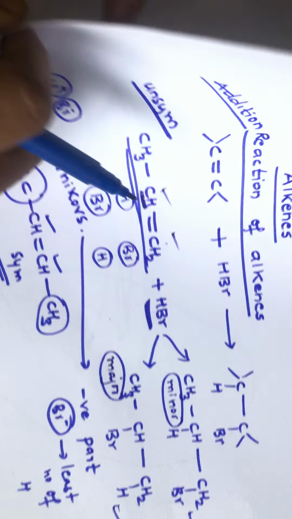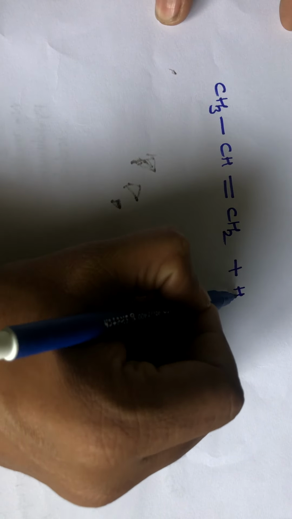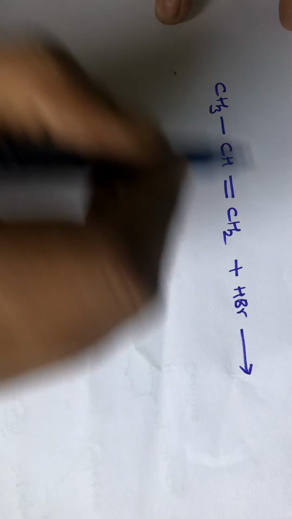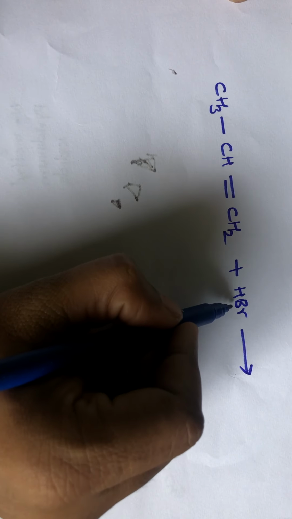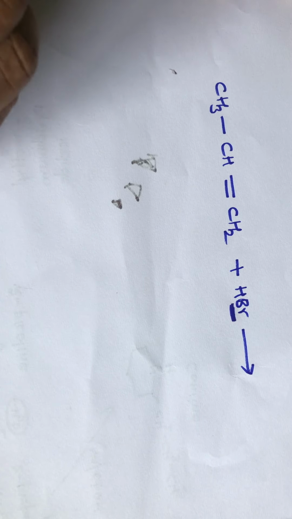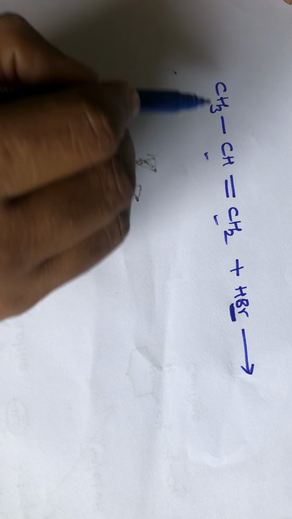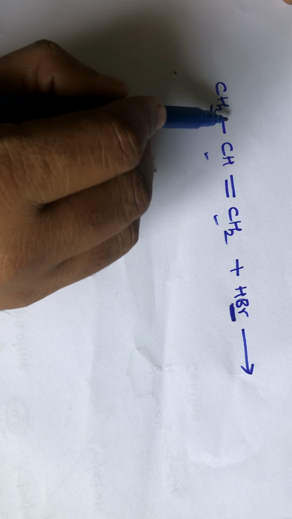Let us go through this reaction once again. Same compound, CH3, CH double bond CH2. When you add HBr, what happens? The negative part of the reagent, Br minus, will attack the carbon containing the least number of hydrogen atoms. Addition should occur across the carbon-carbon double bond only, either to this carbon or this carbon. Here addition will not take place because this is not a double bond.